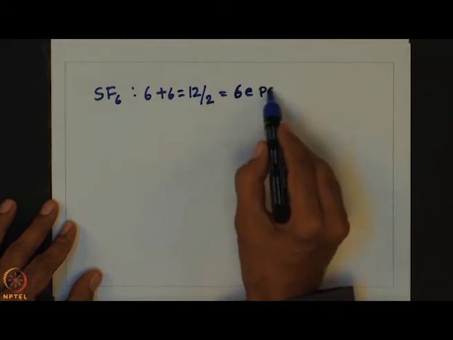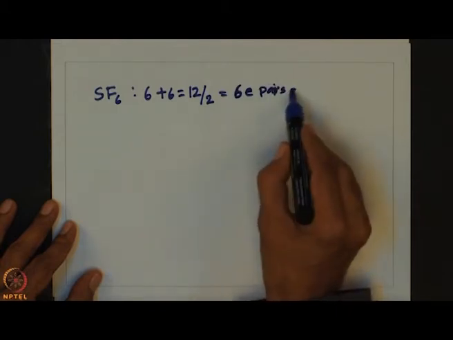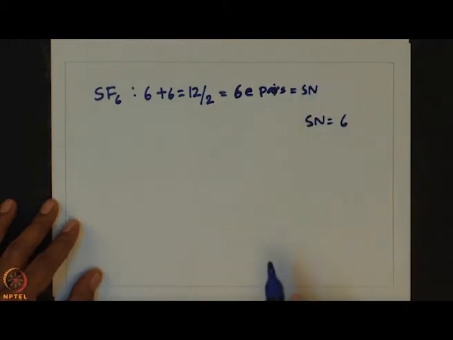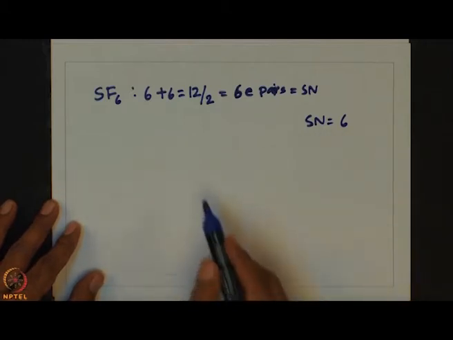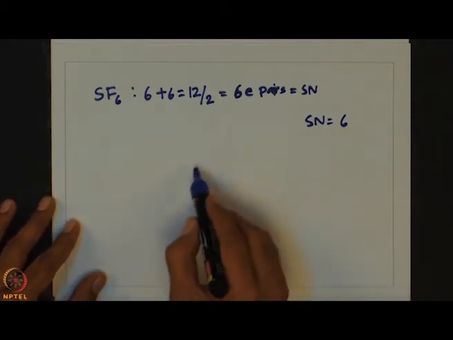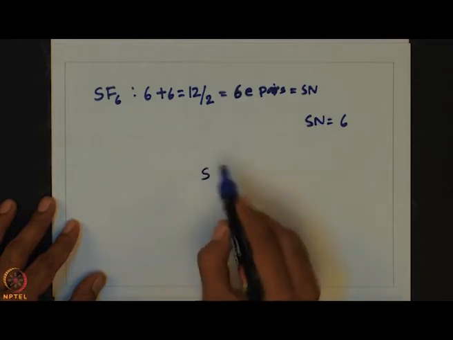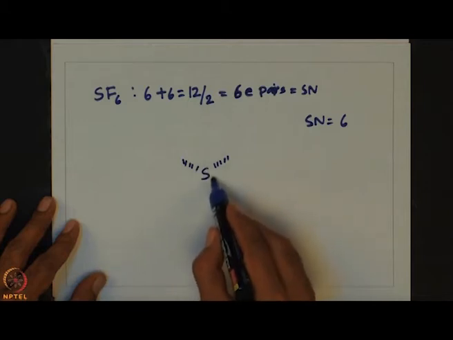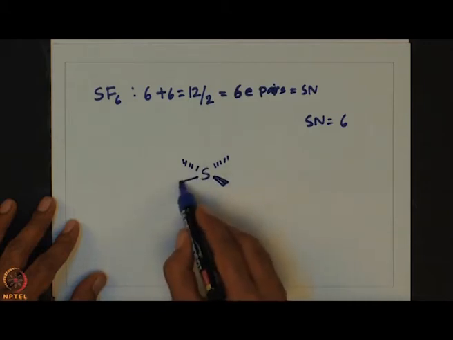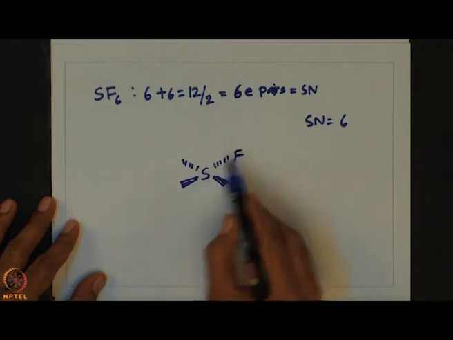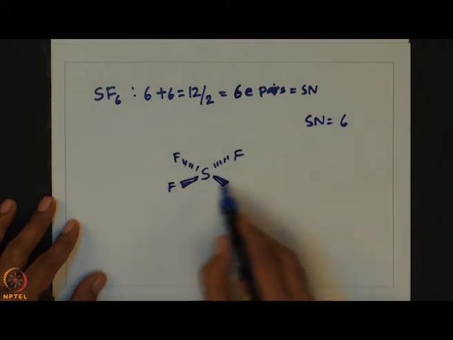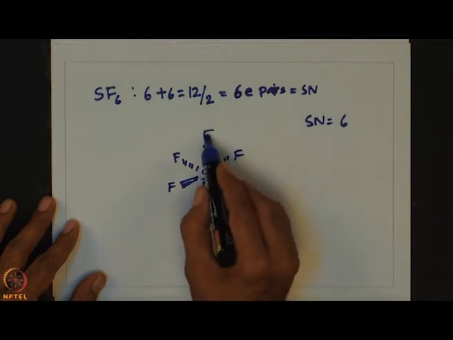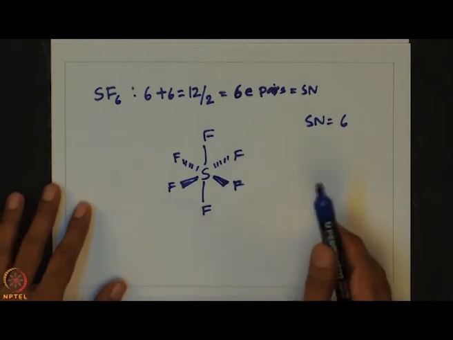So, 6 electron pairs, this is our steric number. So, steric number is 6. In this one all are bonded pairs. So, the standard geometry is octahedral. So, the geometry is octahedral here.